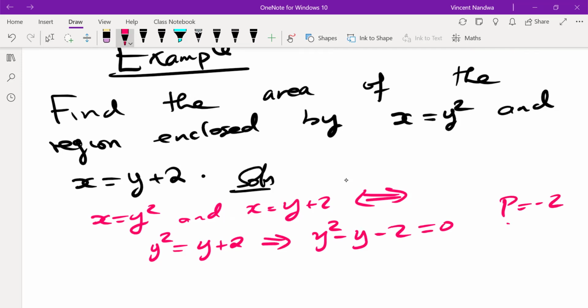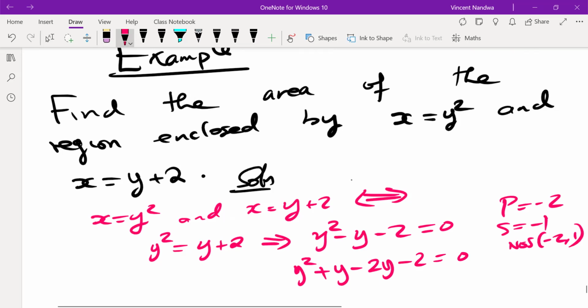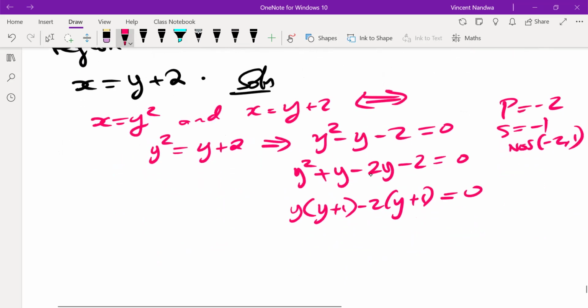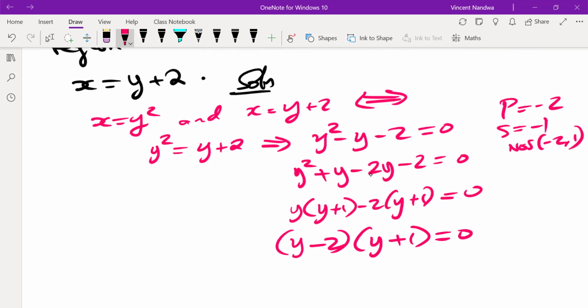So product is minus 2, sum is minus 1, numbers minus 2 and 1. So you have y squared plus y minus 2y minus 2 equals 0. So y into y plus 1 minus 2 into y plus 1 equals 0. So which means y minus 2, y plus 1 equals 0.